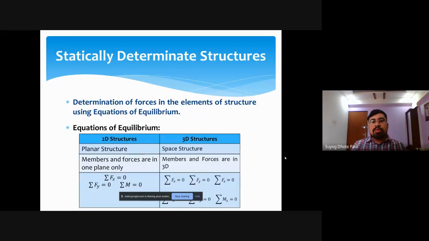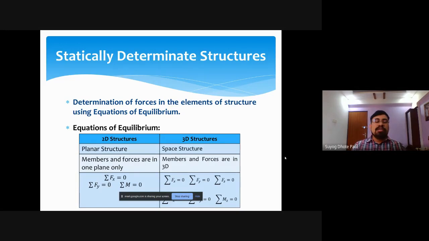First of all, we will discuss the statically determinate structure. What do you understand by a statically determinate structure? It is a structure in which the unknown forces are calculated by using the equilibrium equations. For different categories of structures, we have different numbers of equilibrium equations.